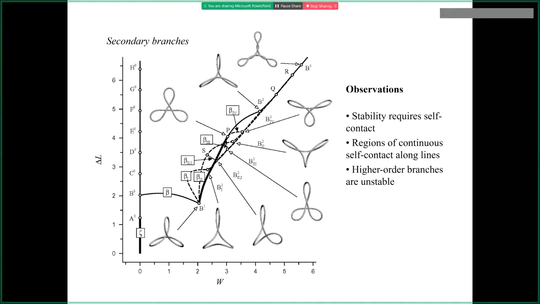And what happens, you can actually analyze this very nicely. If you change that ratio, the only thing that happens is these branches will move up and down along the linking number.